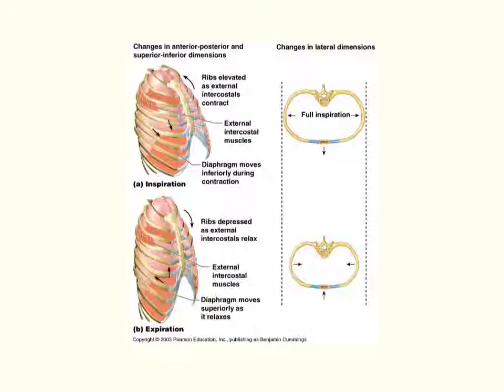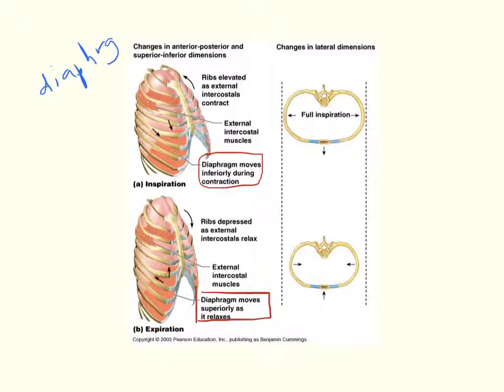So how do our lungs actually work to allow us to inhale and exhale? Well, the key is this muscle that we call the diaphragm. It's in between your thoracic cavity and your abdominal cavity. When the diaphragm contracts, it allows the rib cage to expand.